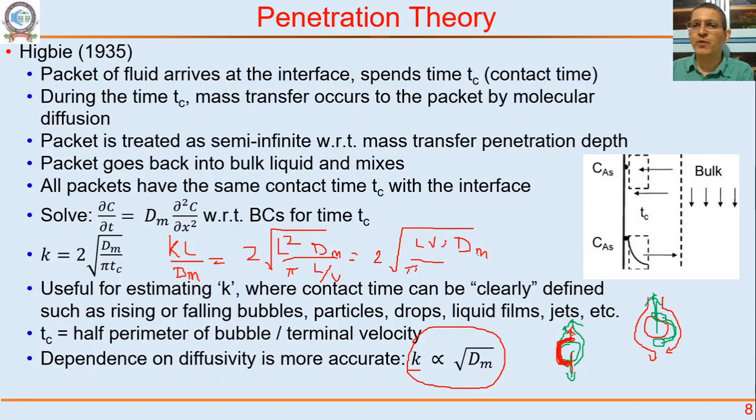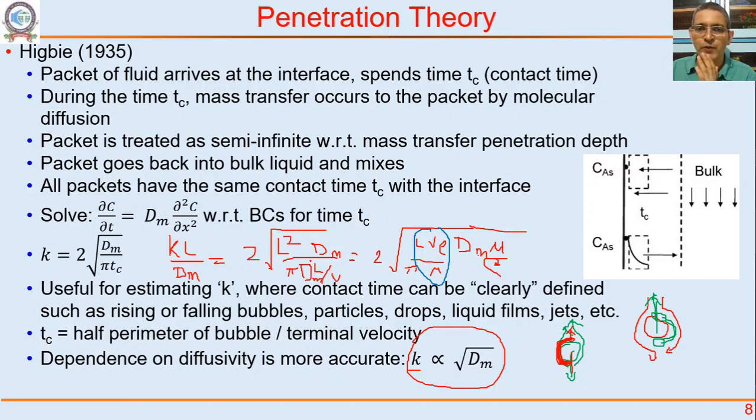I can divide by rho and multiply by mu. Multiply by rho, divide by mu, both. This is now Reynolds number. Oh, what happened? Our dm square was not there. Sorry. This is dm square.